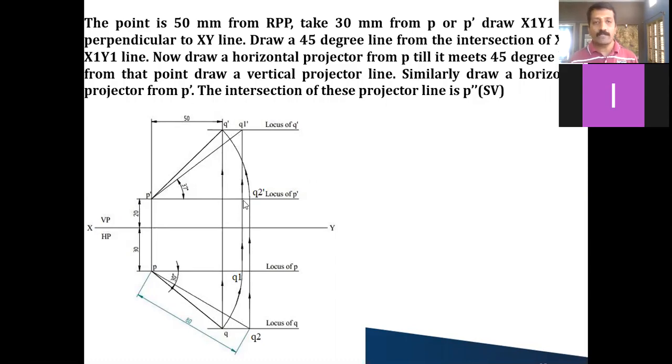Now you draw a vertical projector from here. Wherever it cuts the locus of Q dash in the front view, you call that Q1 dash and join P dash and Q1 dash. This is the true length diagram in the front view. At the end, you measure P dash Q1 dash. Definitely it has to be the true length, that is 80 millimeter, whatever he has given. So this completes the projection.